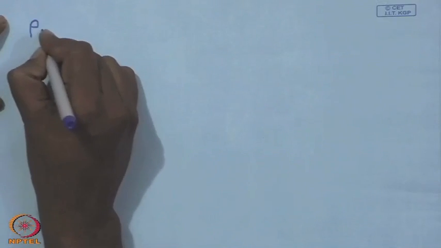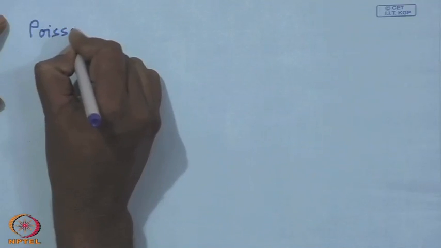Similarly, another parametric probability distribution, which is widely used in some applications, is what is called the Poisson distribution.